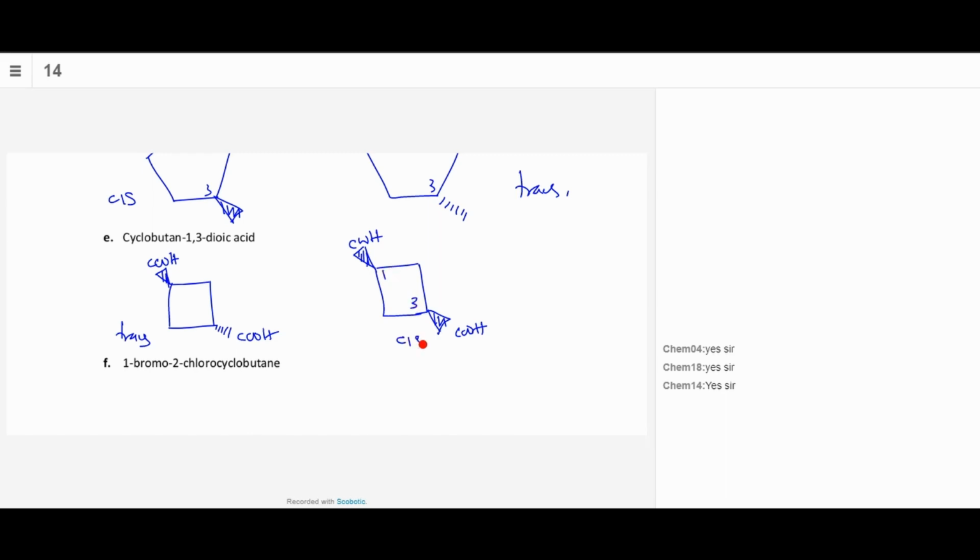This is cis. Right, the last one, done. We can also draw the cis the other way, which means both go in like this. This is also cis. Either both come out or go in.